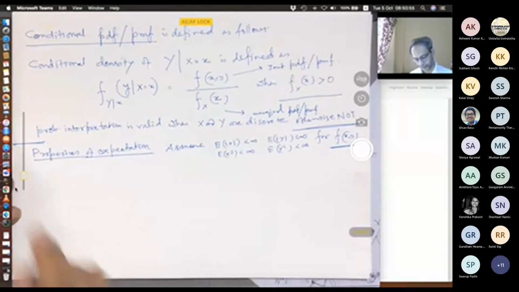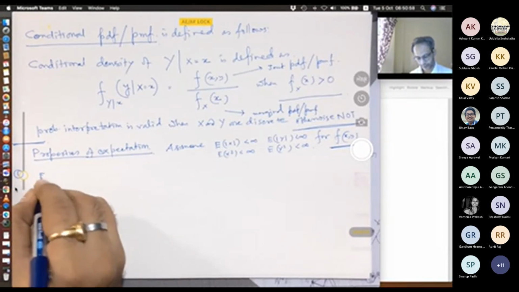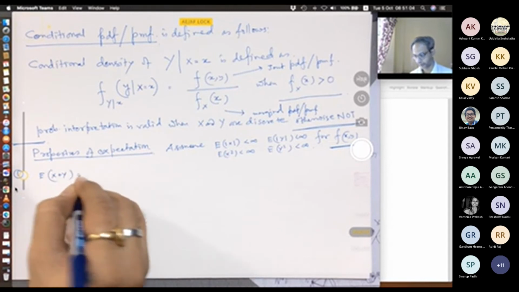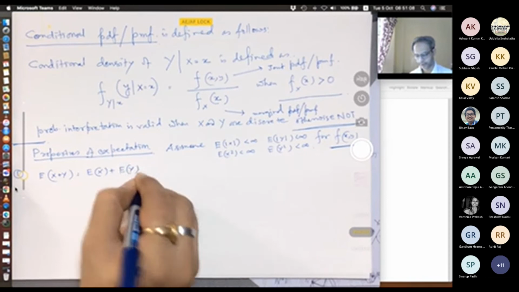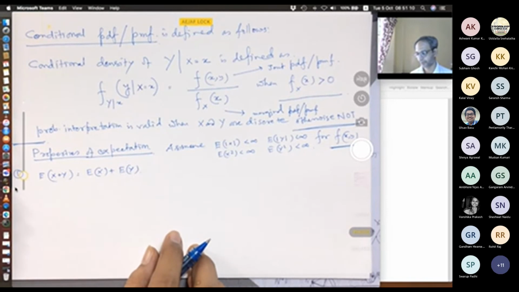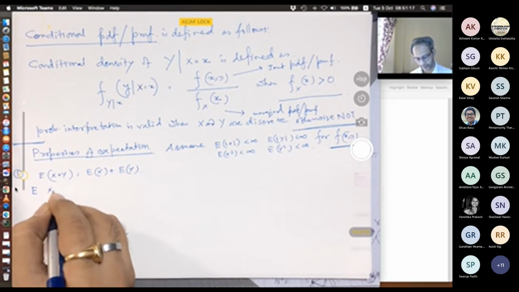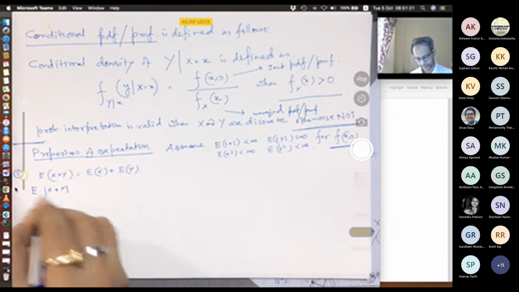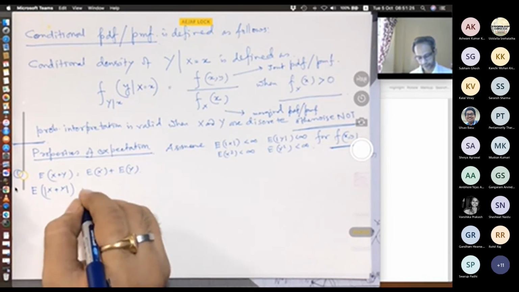So now we want to show that expectation of x plus y equals expectation of x plus expectation of y. This we have used, but we have not proved it. So first of all, what you need to check is whether expectation of mod of x plus y is finite or not.